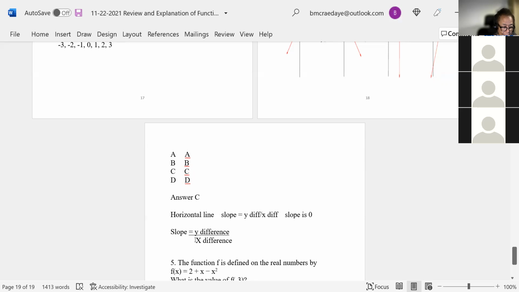Y difference divided by X difference, okay? And if the Y's are the same, that means Y2 minus Y1, whichever you label it, will be 0. So 0 divided by a number will give you 0. But if you're trying to divide by 0, you get undefined. So vertical, undefined; horizontal, slope 0.